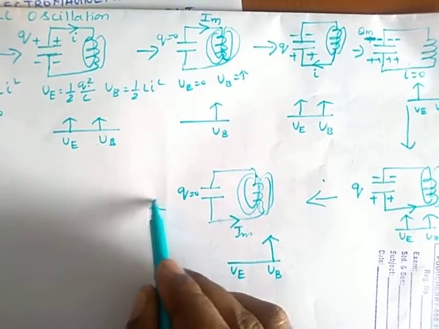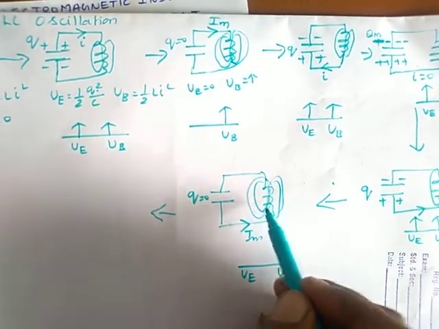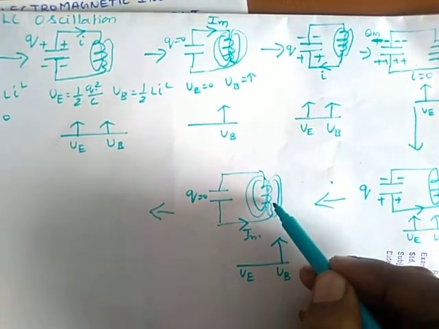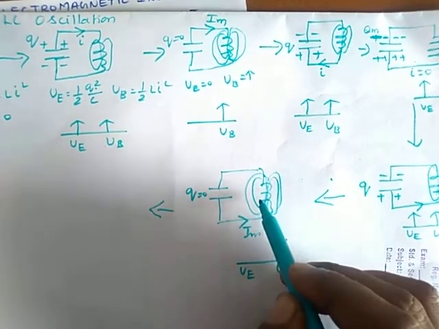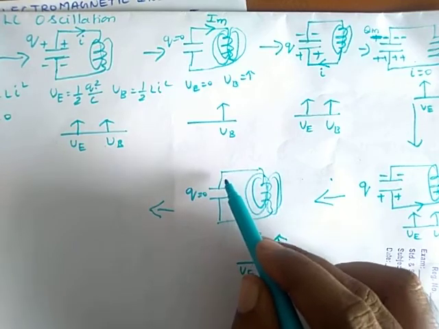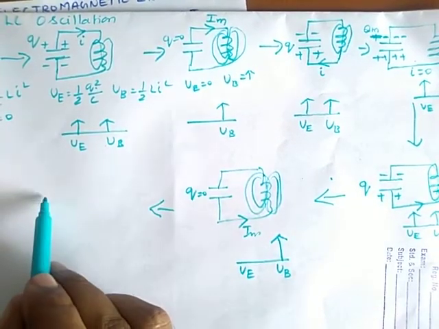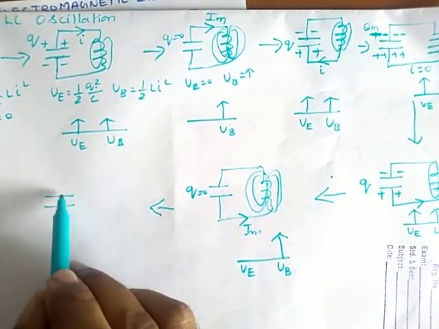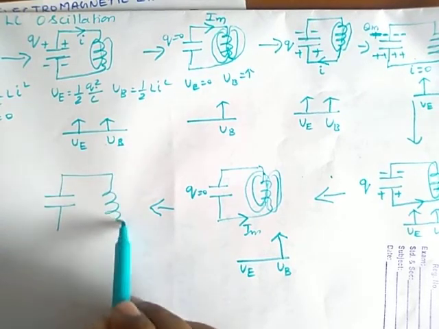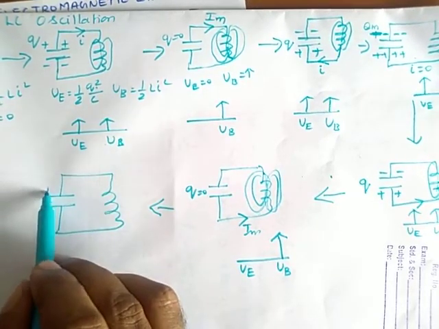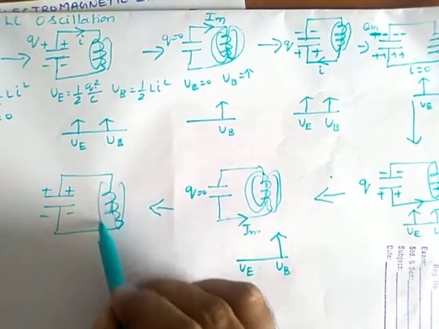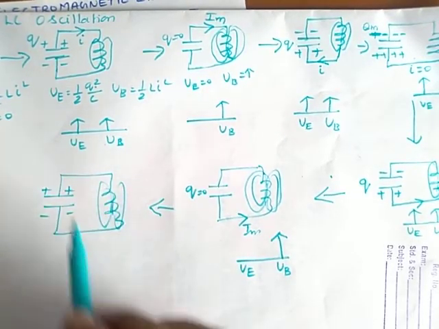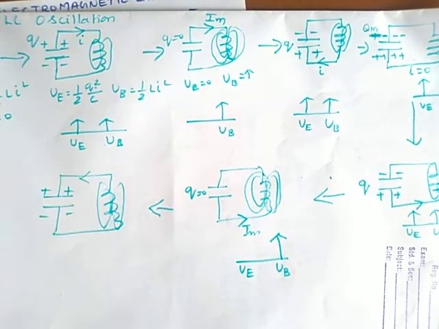At the next instant, according to Lenz's law, the property of the inductor continues the current to flow in the same direction. So that it will charge the capacitor again. So the current I flows in this circuit.